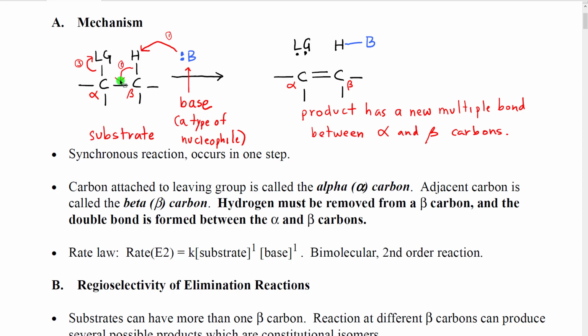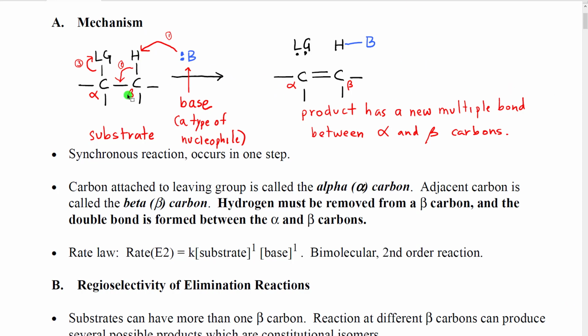Now, in order to form that second bond, we have to remove a bond from the alpha carbon, and so the leaving group bond is pushed out onto the leaving group. So you can see it's a sequence of 3 arrows: from the base to the hydrogen, from the bond to between alpha and beta, and then from the bond onto the leaving group. 1, 2, 3.